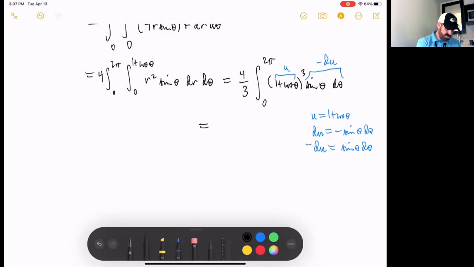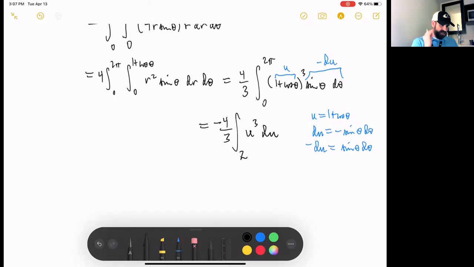So it's going to be equal to negative 4/3 times the integral from somewhere to somewhere, we'll figure that out in a second, of u cubed du. Now what does u go between? If I plug in theta equal to 0, u is 2 at the bottom.